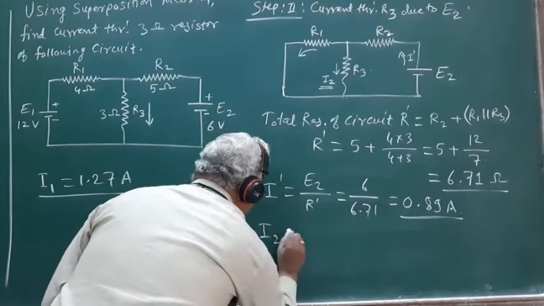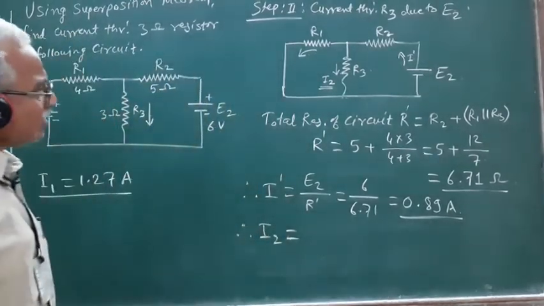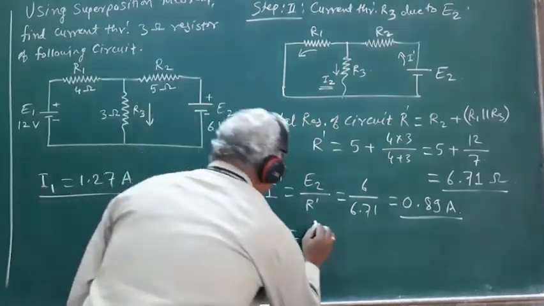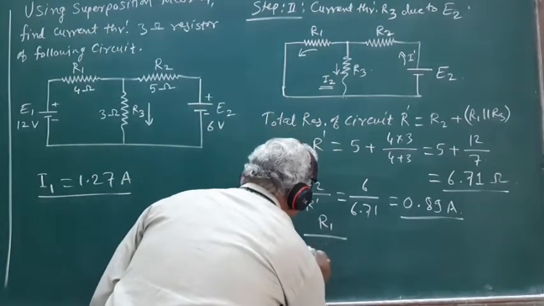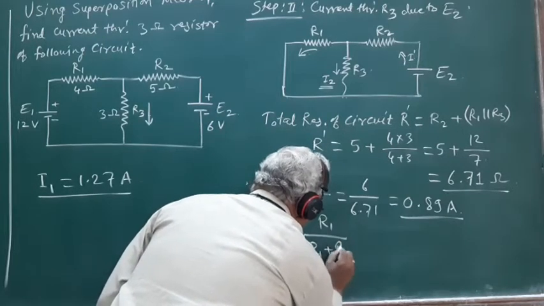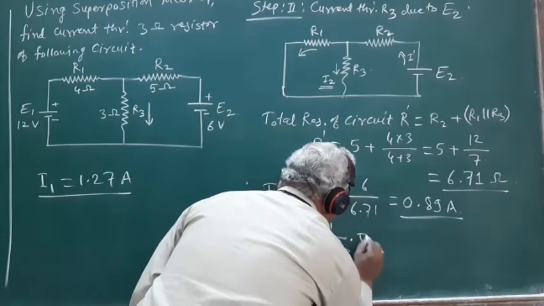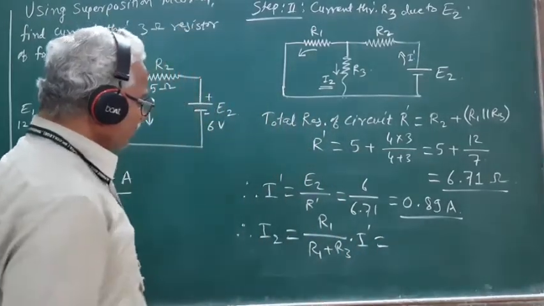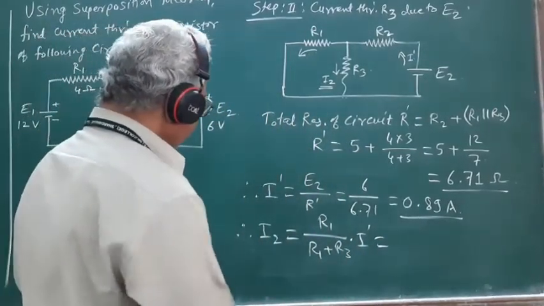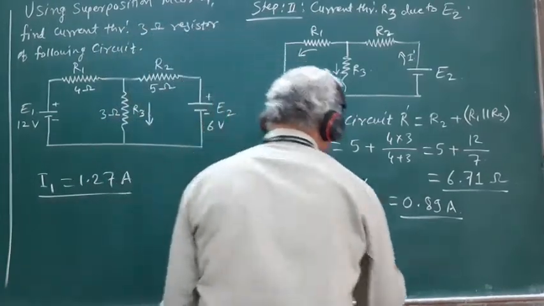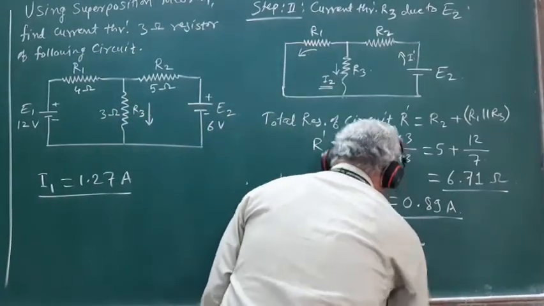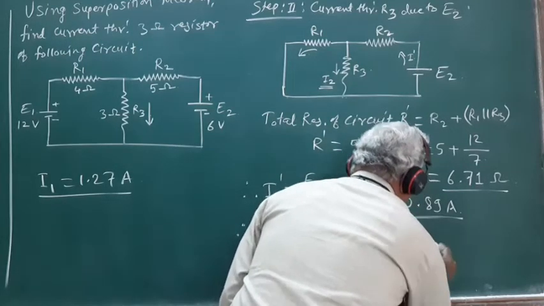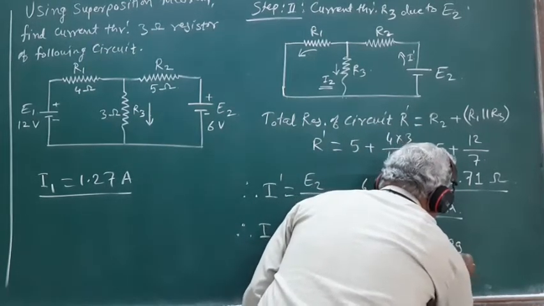So using the current division formula, the current flowing through this resistance R3 will be given by R1 upon R1 plus R3 into I prime. So substituting the values of R1, R3 and I prime here, R1 is 4 ohm divided by 4 plus 3 into 0.89.